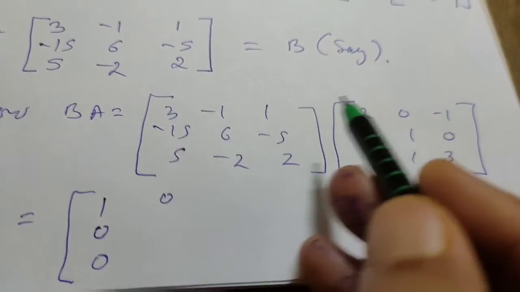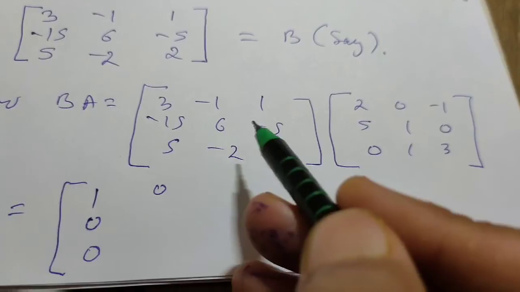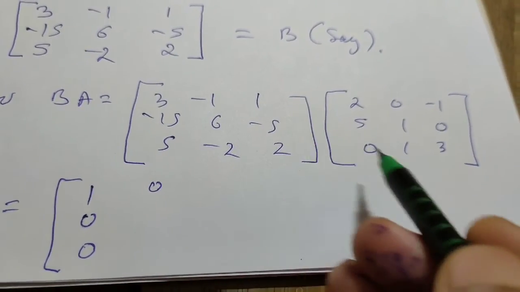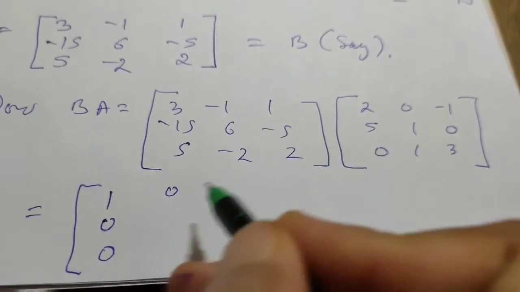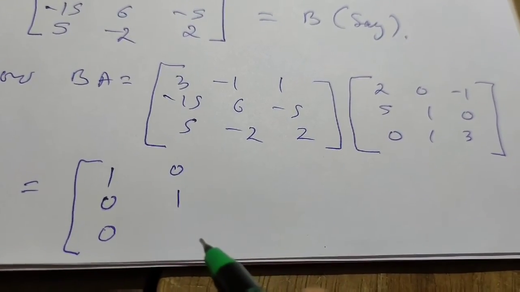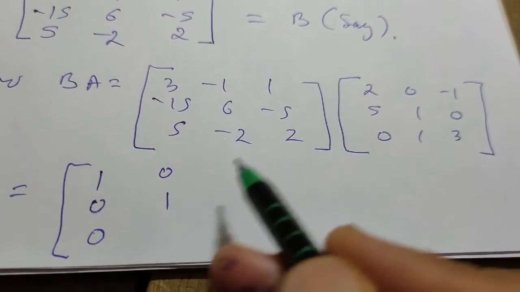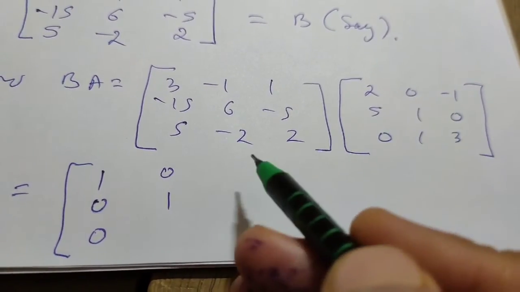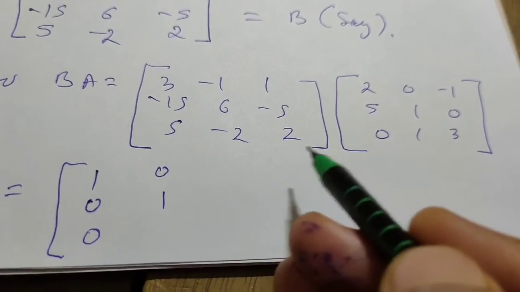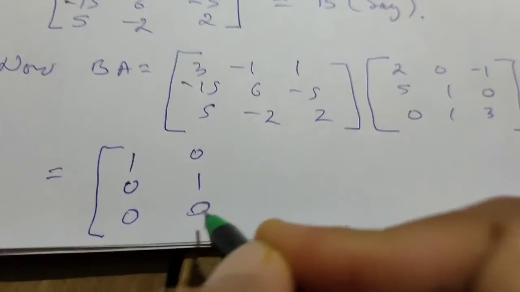Minus 15 into 0 is 0, 6 into 1 is 6, minus 5 into 1 is minus 5. 6 minus 5 gives us 1. Now the third element of column 2: we multiply R3 with column 2. 5 into 0 is 0, minus 2 into 1 is minus 2, 2 into 1 is 2. So minus 2 plus 2 gives us 0.